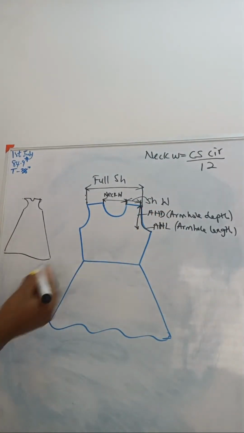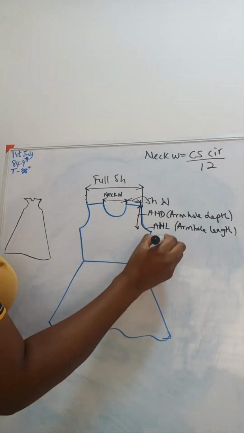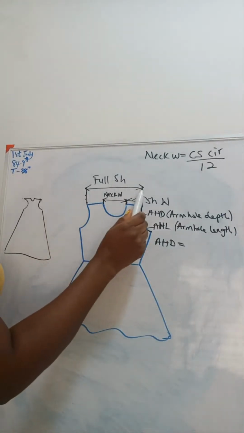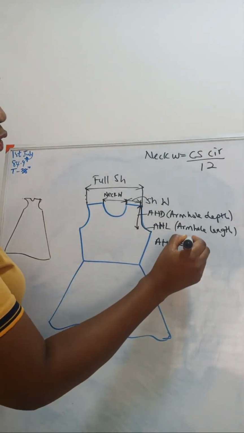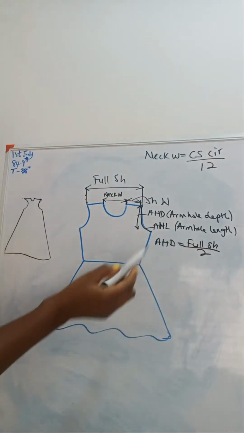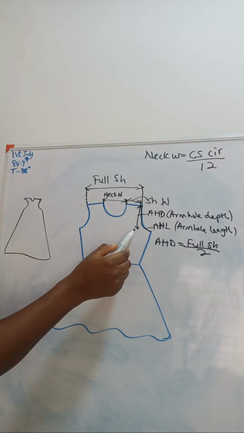For the armhole depth, if you already know the full shoulder, you can use full shoulder divided by 2, and it will give you the armhole depth.